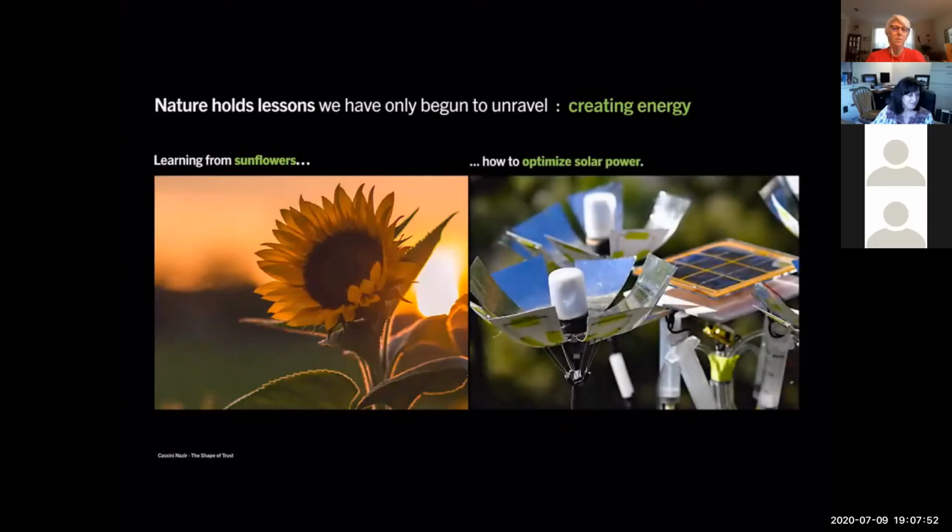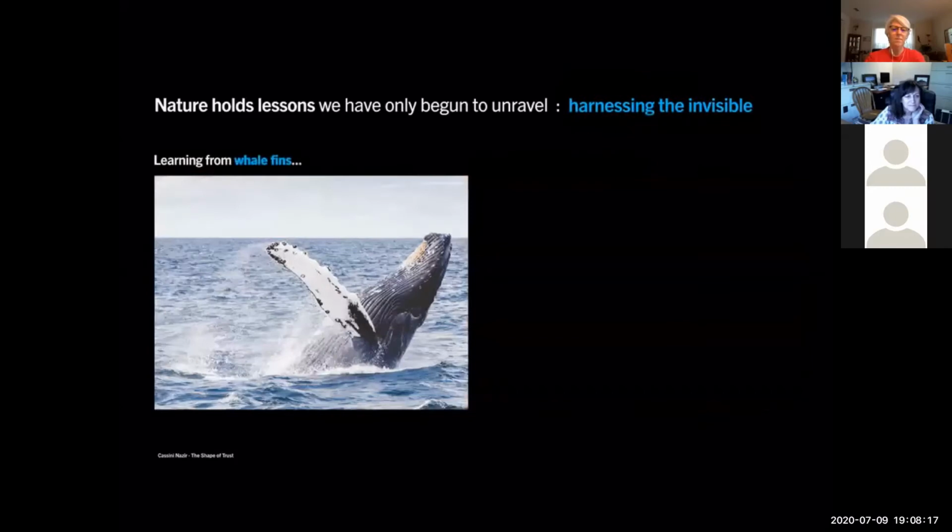Well, what if we were to take solar power cells and allow them to do the same as a sunflower? This is actually being developed at large scale to harvest the sun's rays with very little loss of energy.